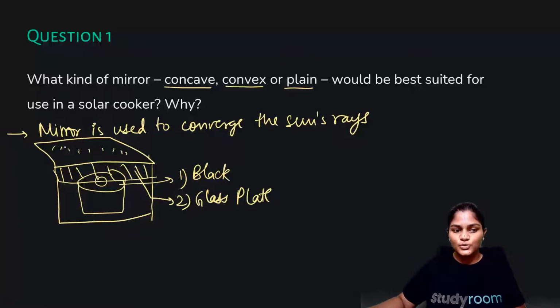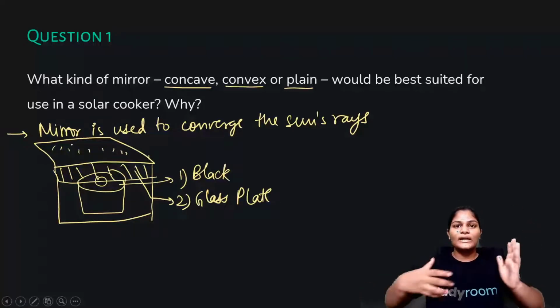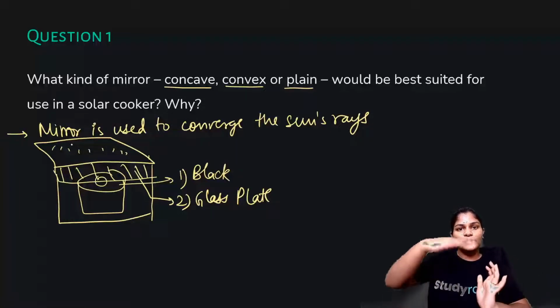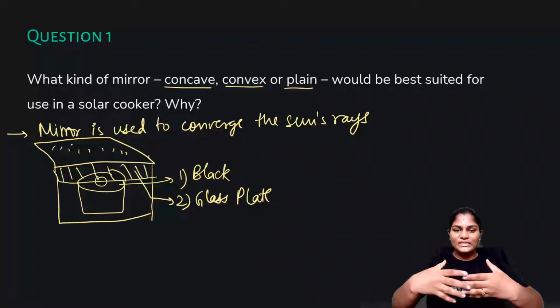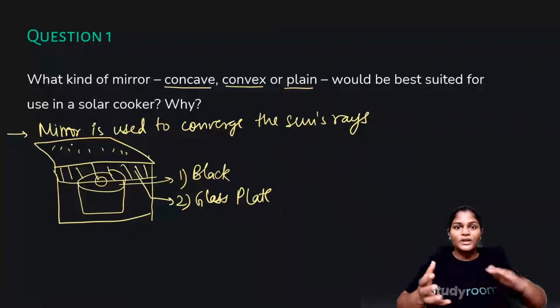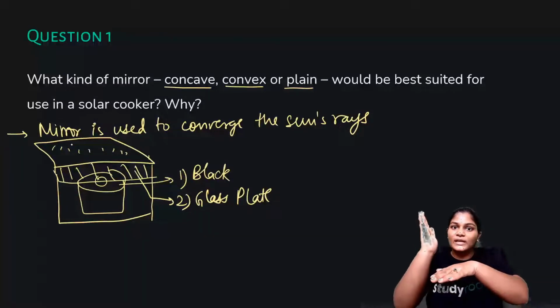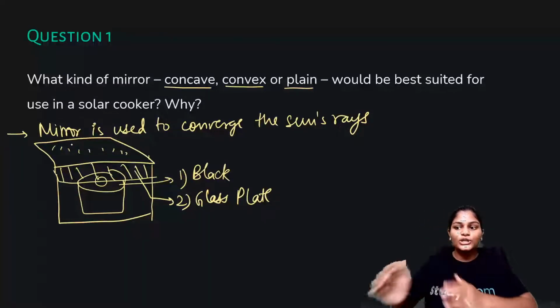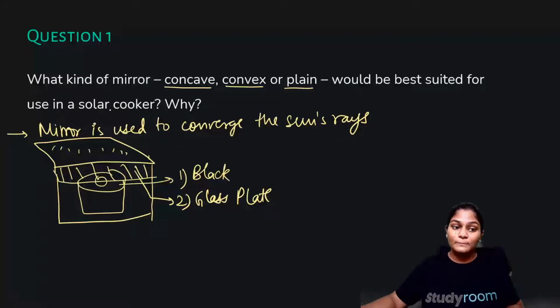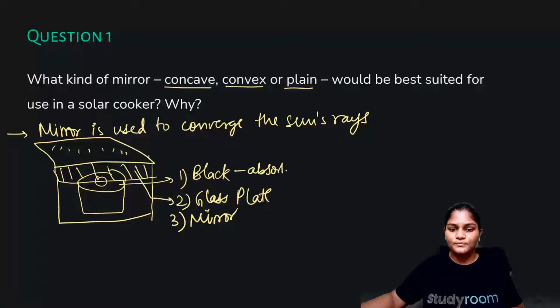Inside the cube there is the cooker. The cube is covered with a glass plate and the lid is hanging up like this, and on it is the mirror. So we know black absorbs heat, the glass plate traps heat, and this mirror is for converging the light.